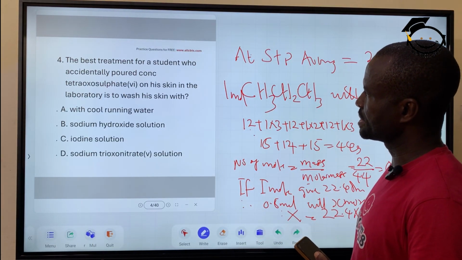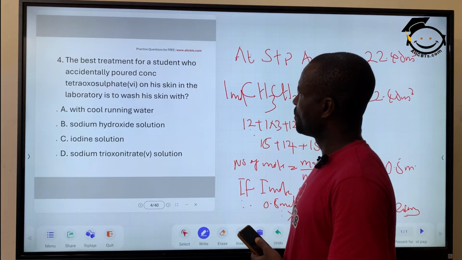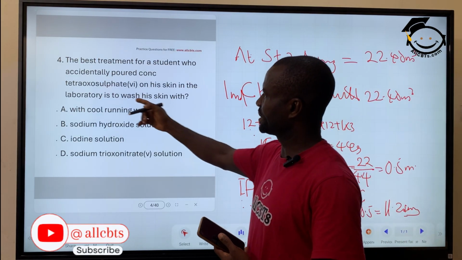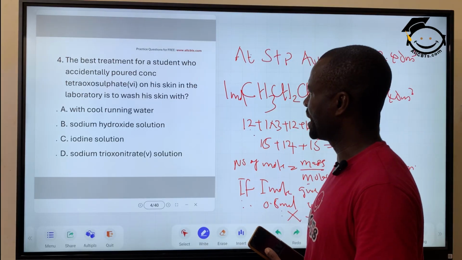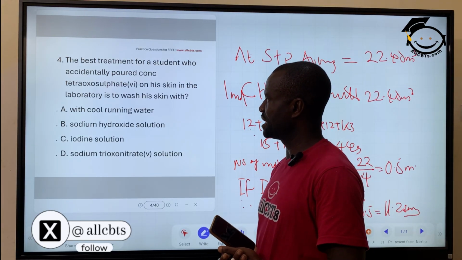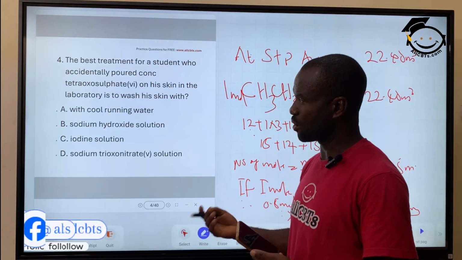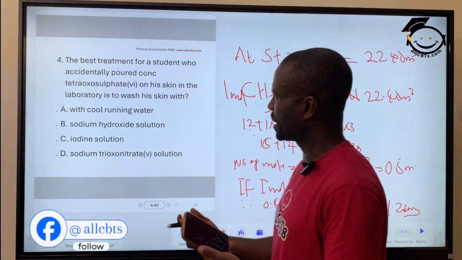The next question says, the best treatment for a student who accidentally pours concentrated tetraoxosulphate(VI) acid on his skin in the laboratory is to wash his skin with: this is an accident in the laboratory that occurred as a result of a student pouring an acid.